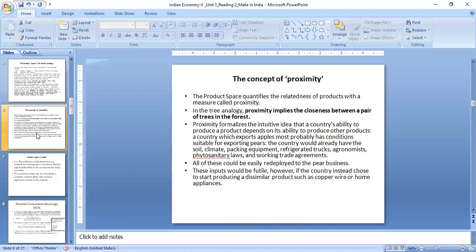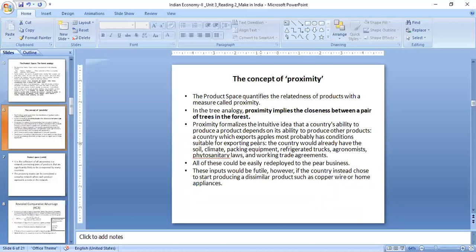Now related here is the concept of proximity, that is, the product space quantifies the relatedness of products with a measure called proximity, that is, how close are the trees in the forest to each other.